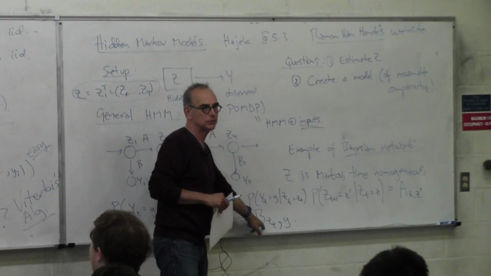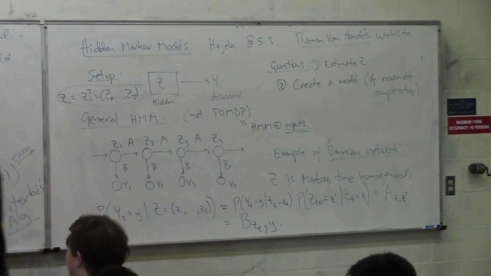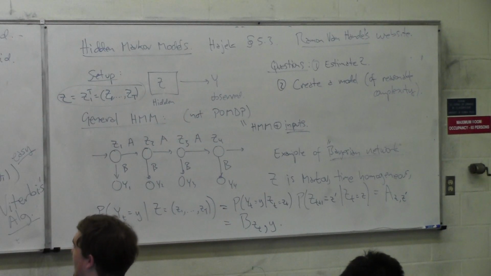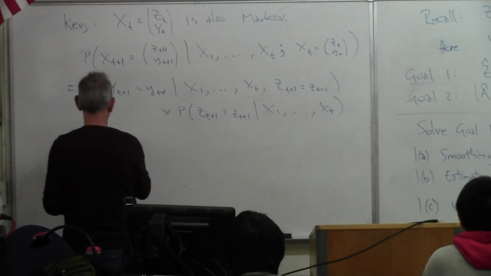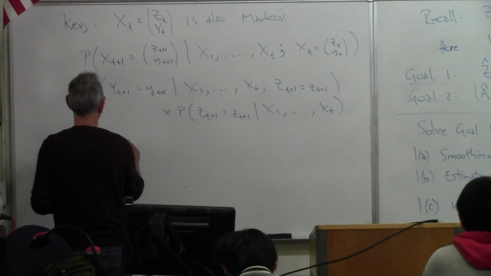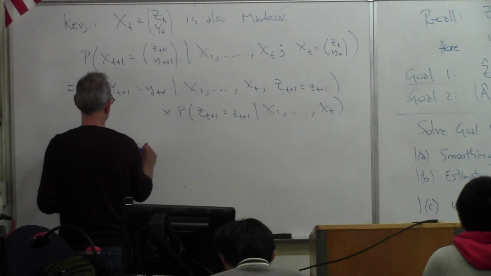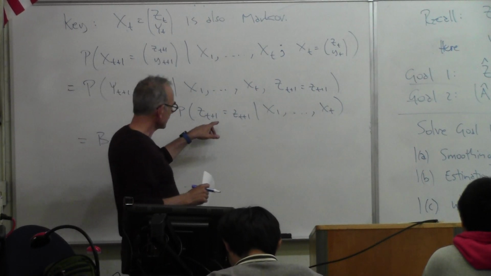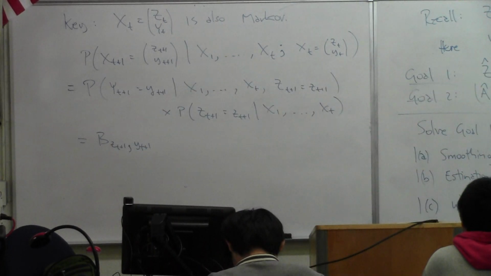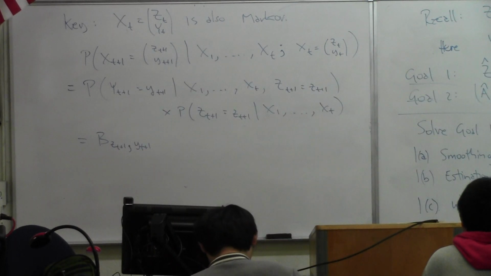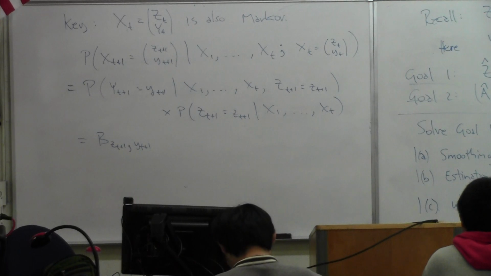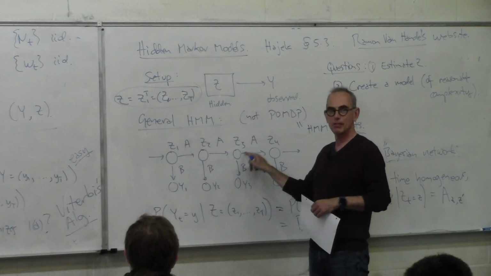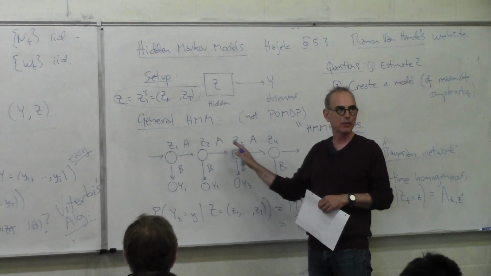It's just given by this monster here. And then, again, t plus 1 equals 4. I don't care about all this junk. I just care about z3. That's the conditional independence.